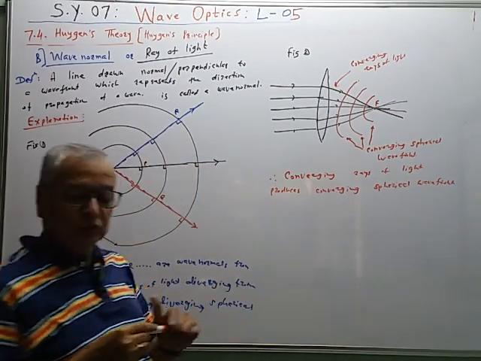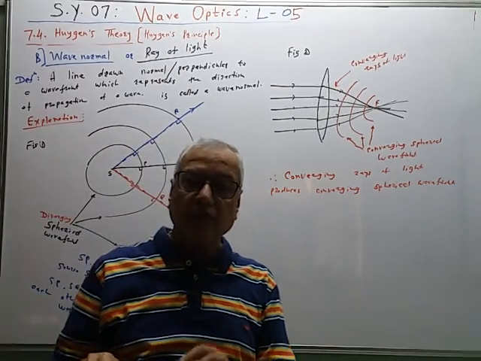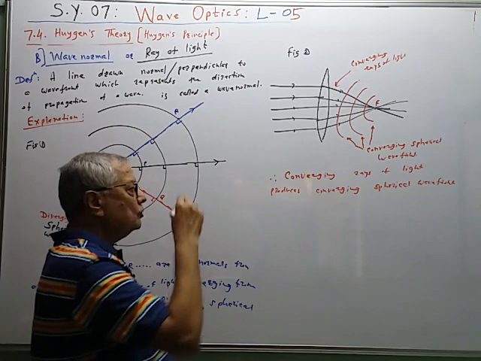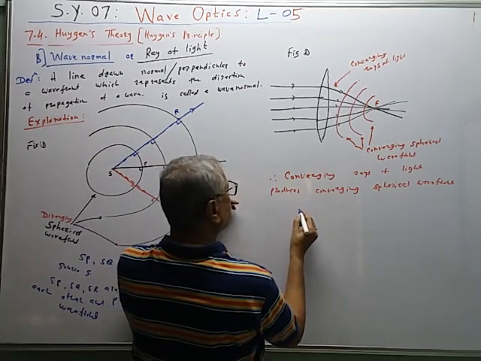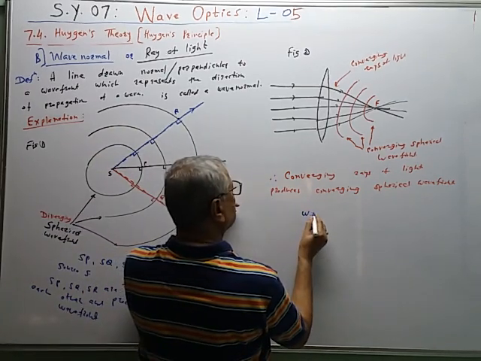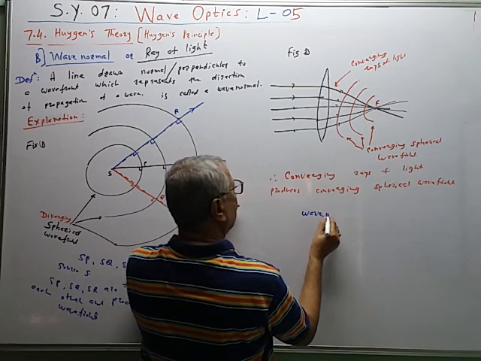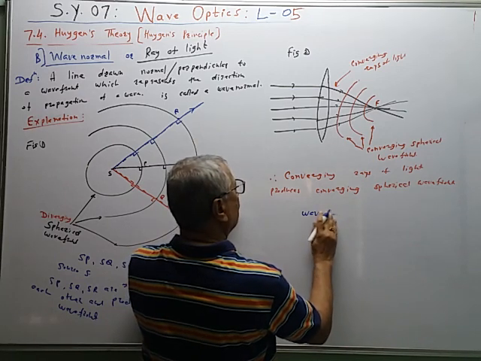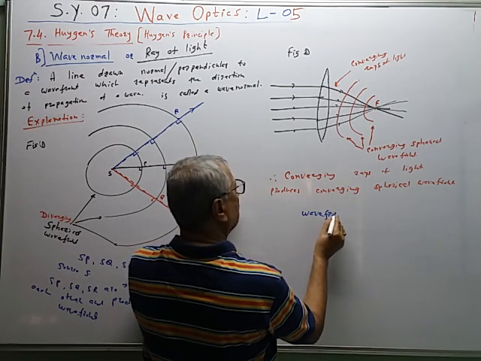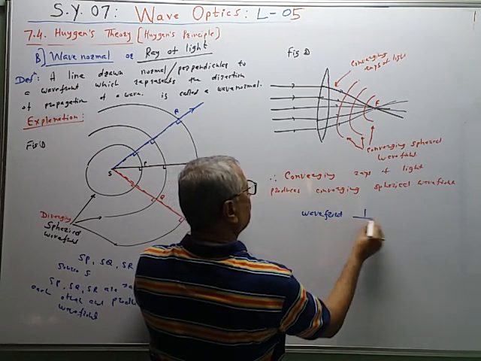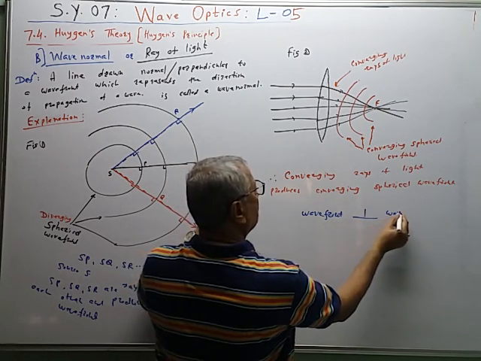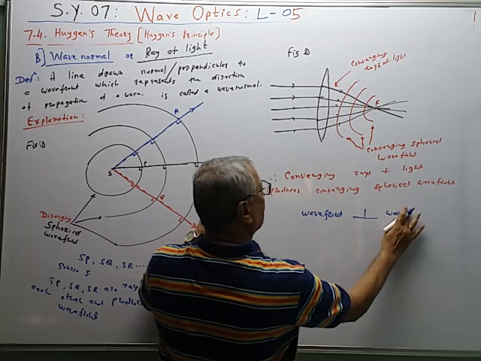Like this. So wavefront and wave normal, they are always perpendicular to each other. Wavefront is always perpendicular to wave normal.